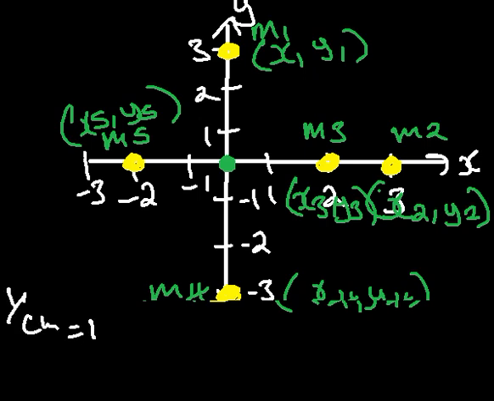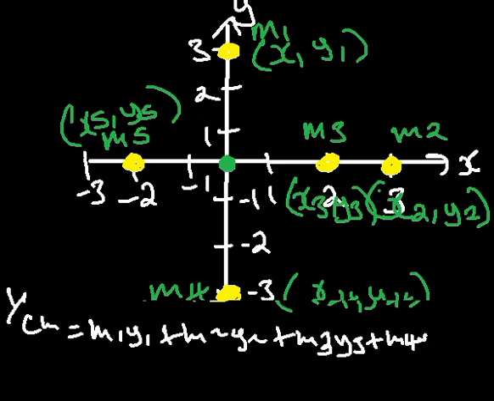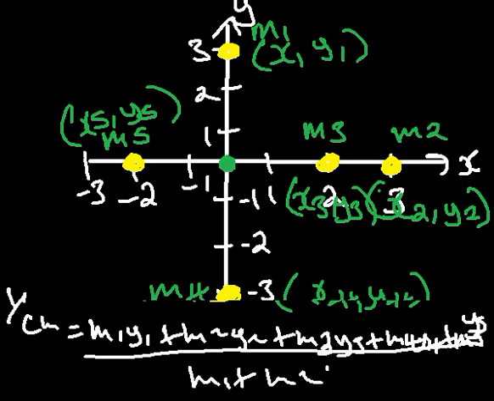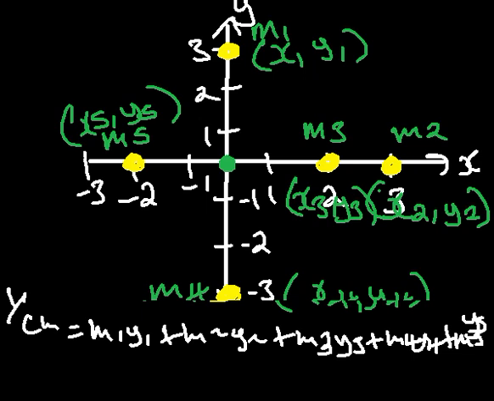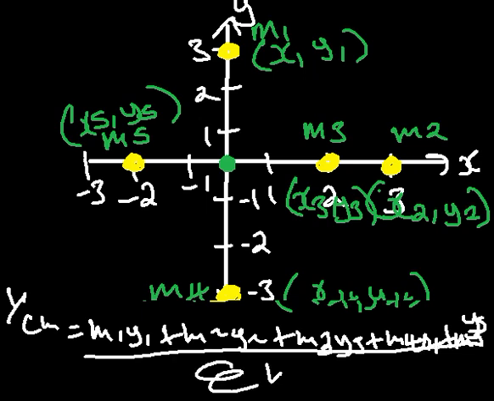That will be given as mass 1 y1 plus mass 2 y2 plus mass 3 y3 plus mass 4 y4 plus mass 5 y5, and divide by the total of the mass, which is mass 1 plus mass 2 plus mass 3 plus mass 4, and up to mass 5 in that way. So which means we'll have the total of the masses in that case.